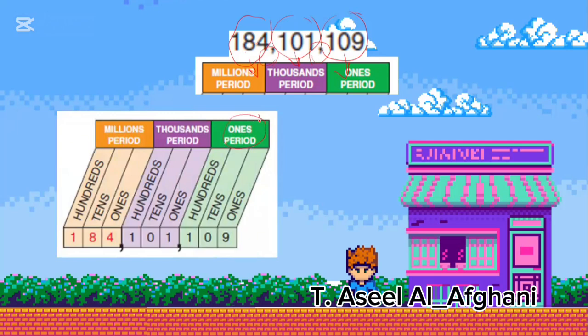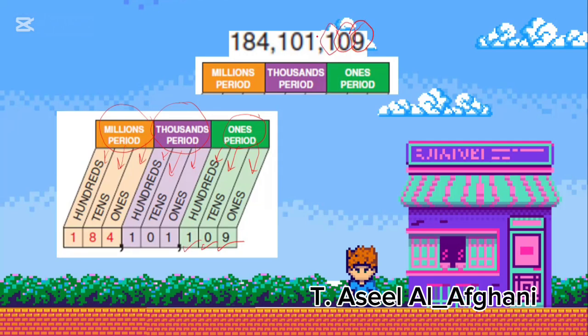In each period we have ones, tens, hundreds, and the same for the new period, the millions period. It has another ones, tens, and hundreds. So what is the digit lying in the ones place? Digit 9. What about tens? We have 0. What about hundreds? We have 1.